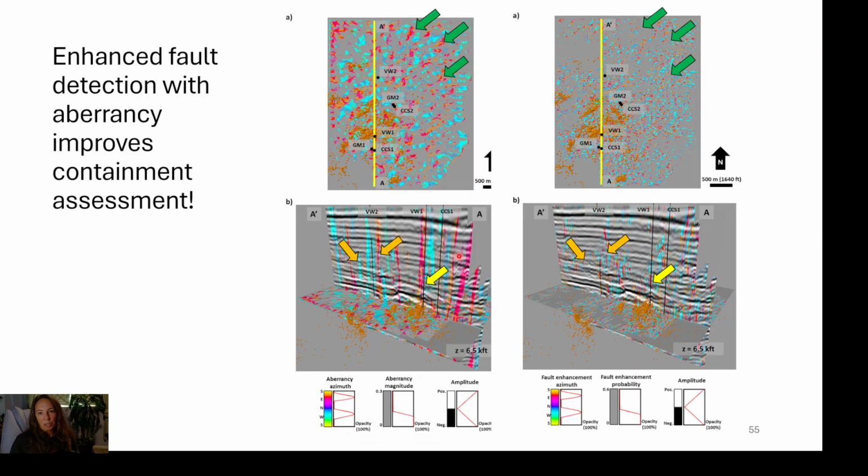And so just to show you one of the images from the result, on this left-hand side, we are looking at aberrancy, and you can see the opacity has been edited a little bit to look at faults in the more kind of west and east direction.